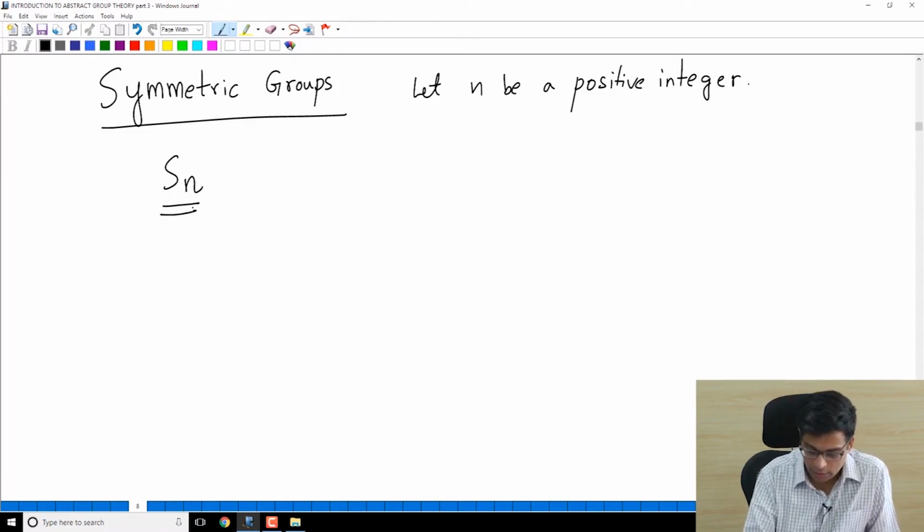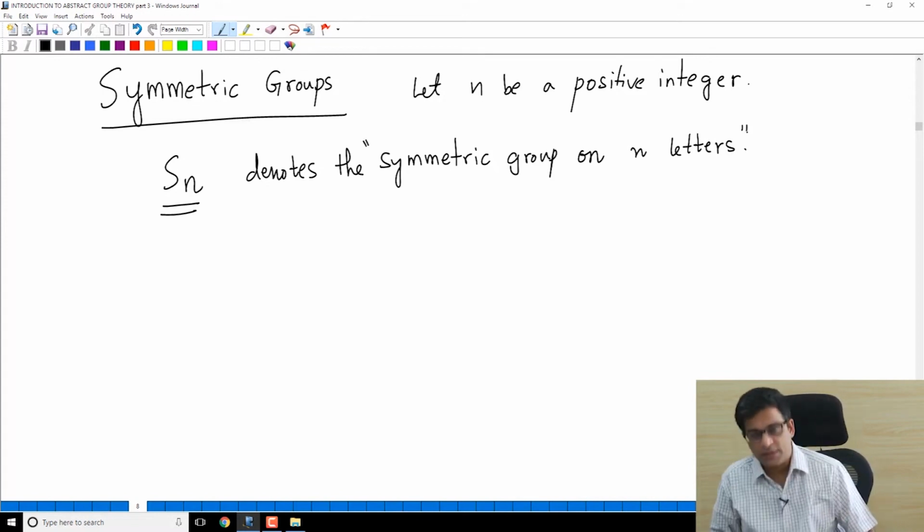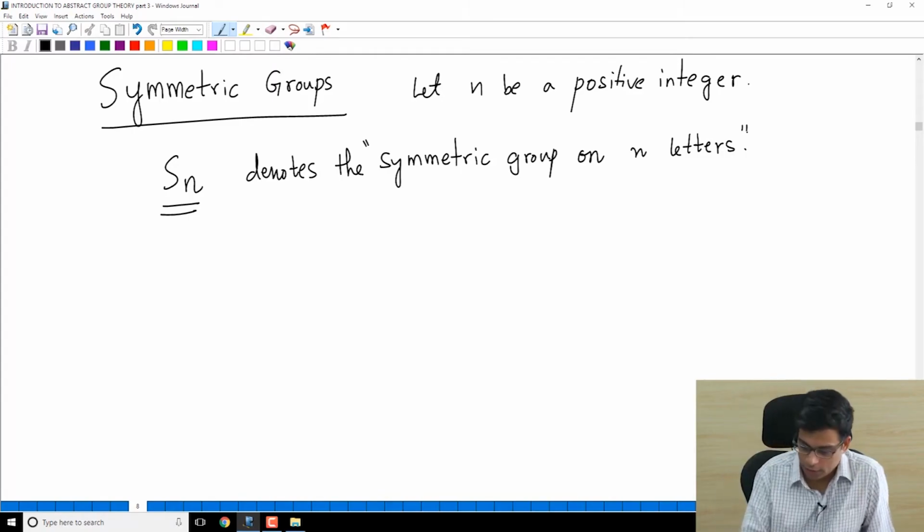So Sn denotes the symmetric group on n letters. What does this mean? It means the following. We usually call the letters 1 to n.